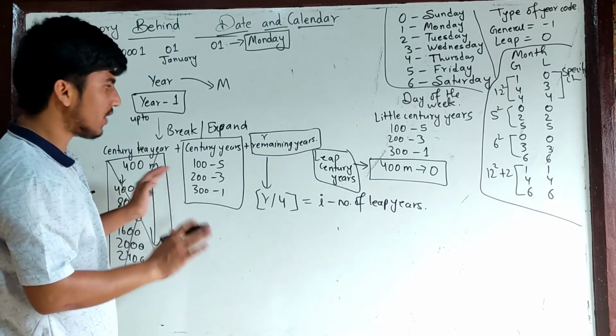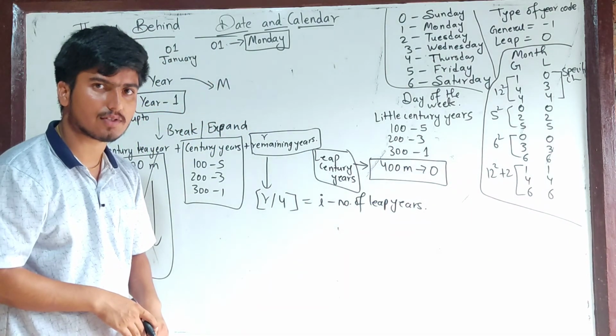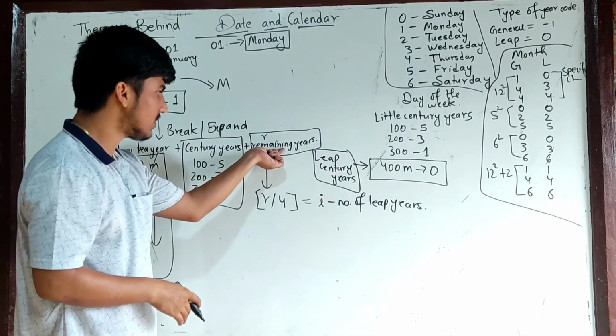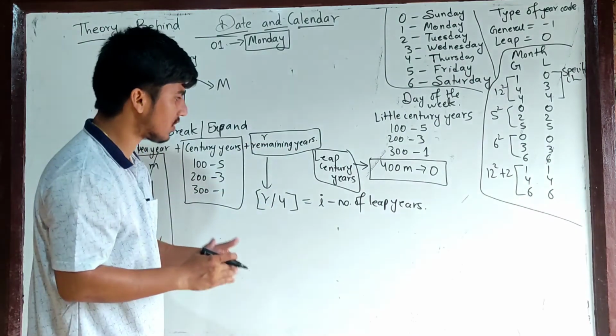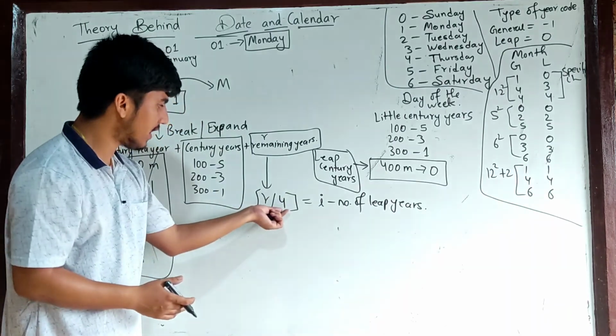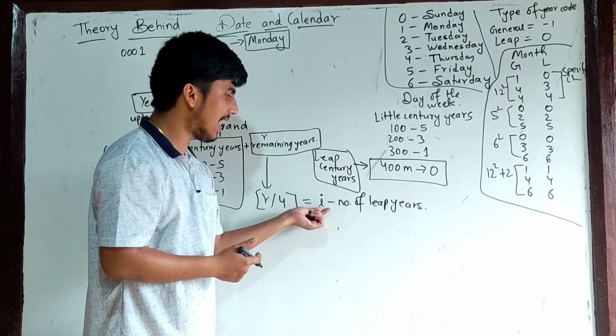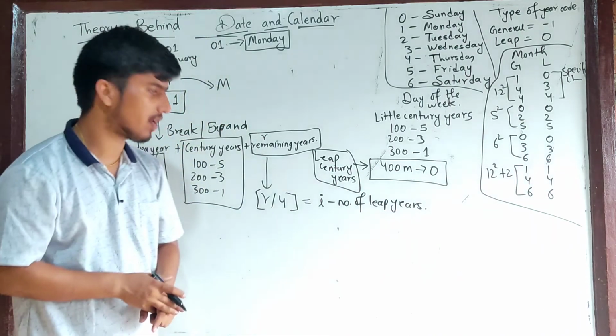Now as soon as we find the number of leap years, we must also find the number of general years, because in between these years there are some leap years and some general years. For finding the leap years, we divide by 4, and that integer remaining with us, that is I, will give us the number of leap years.